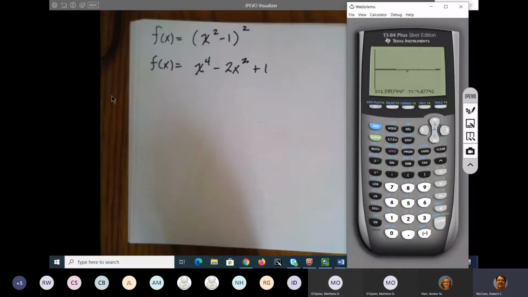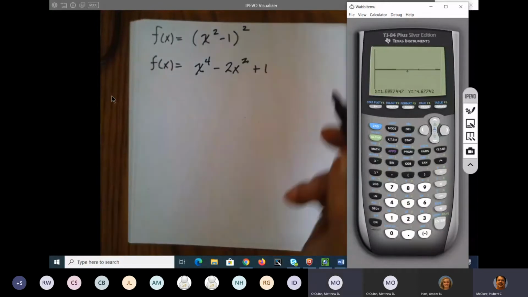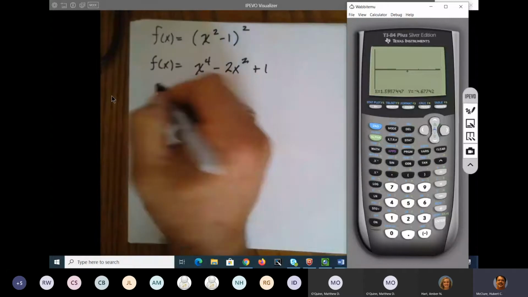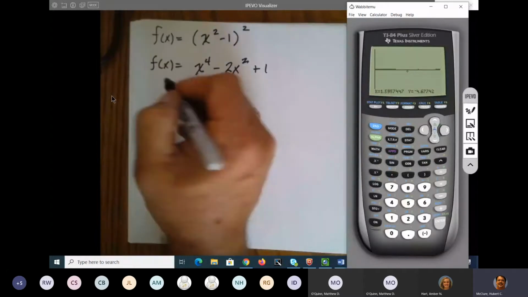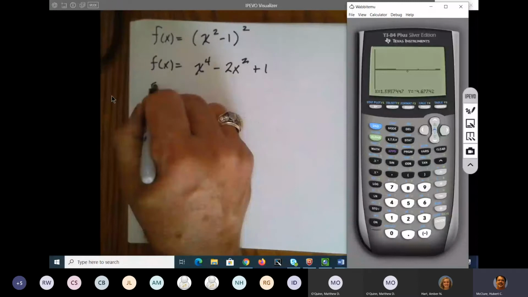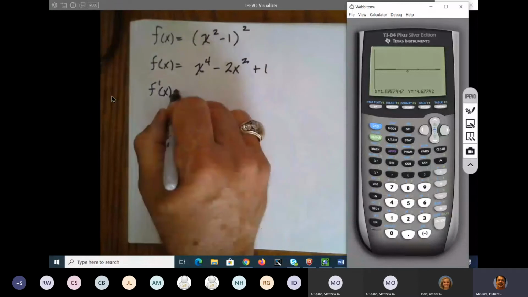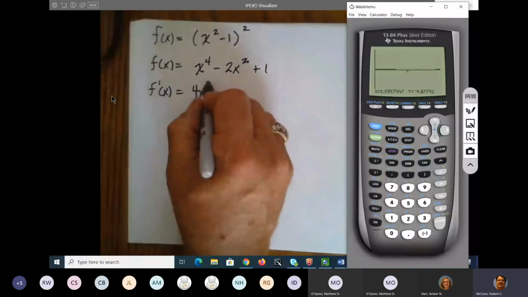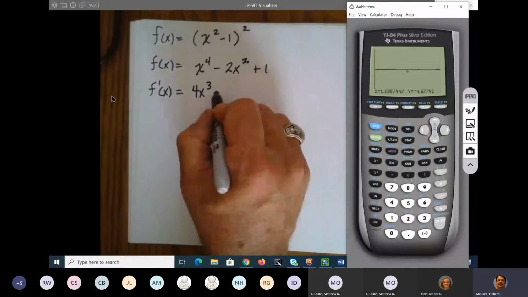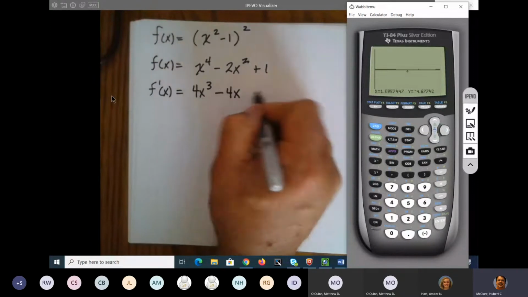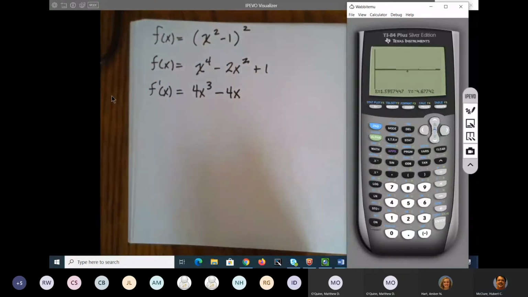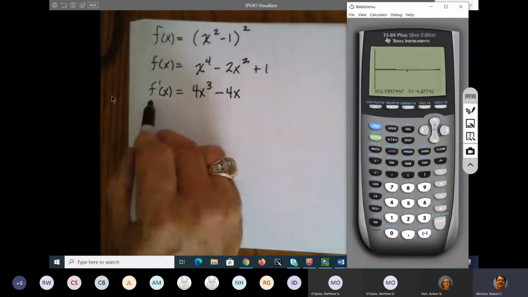Please make sure I did it right. And then I'll just do f prime of x is equal to 4x to the 3rd minus 4x plus blank. All right, so I did algebra right there.